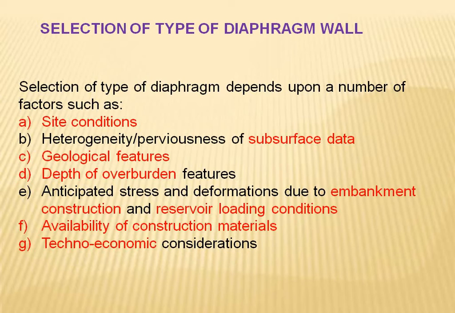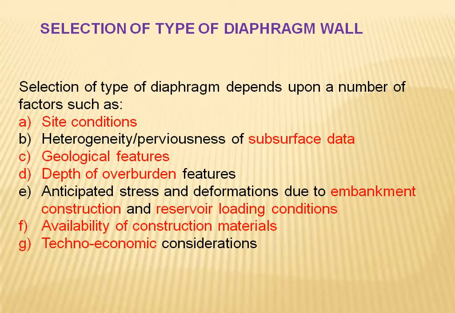It means which type of soil is available, hard strata, soft strata, clay, that type of geological features of the particular area. Then depth of overburden, meaning how deep we have to excavate and construct the diaphragm wall.